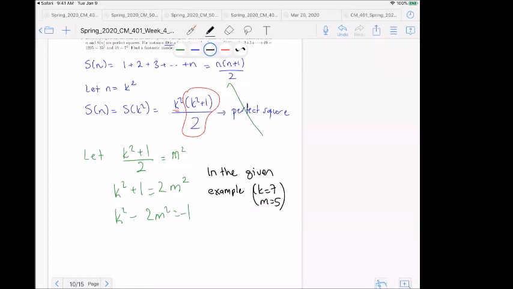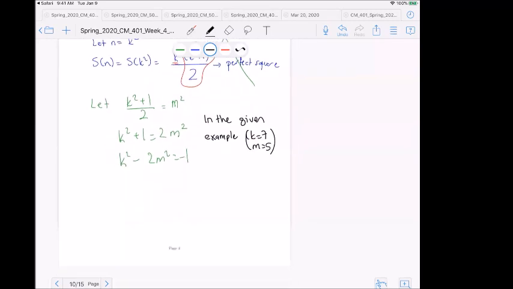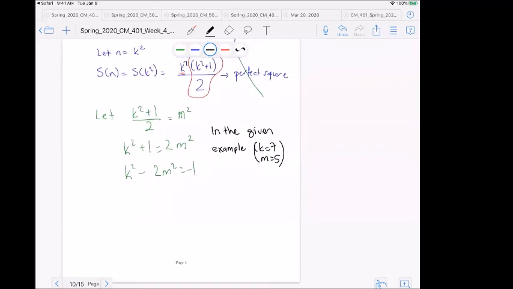Now I'm going to write this as a difference of squares: k minus m root 2 times k plus m root 2 is equal to -1.